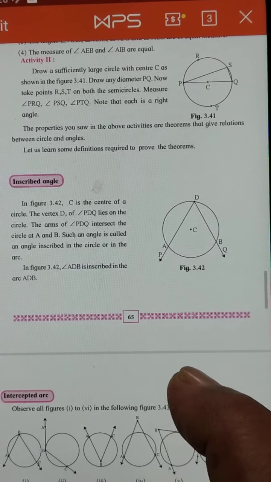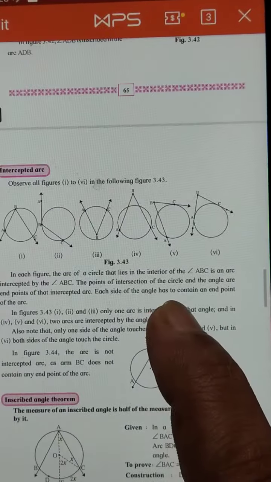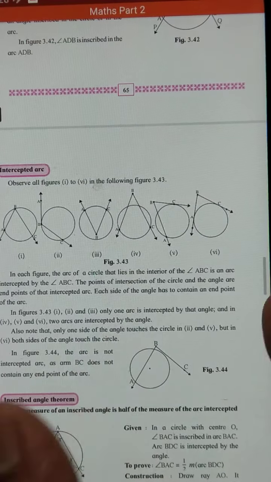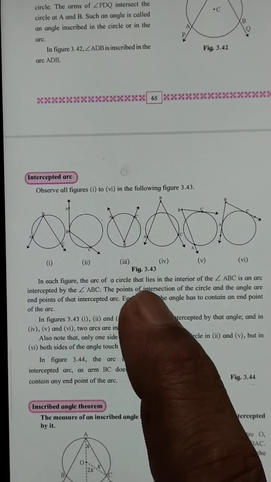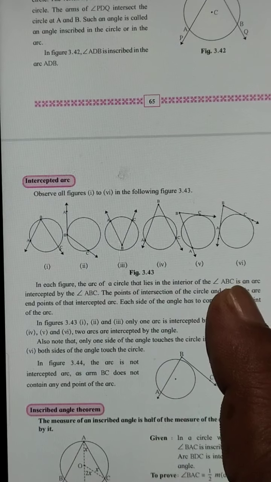Now we have to learn about intercepted arc. Let us see on the next page, page number 66. You can see here are 6 figures.